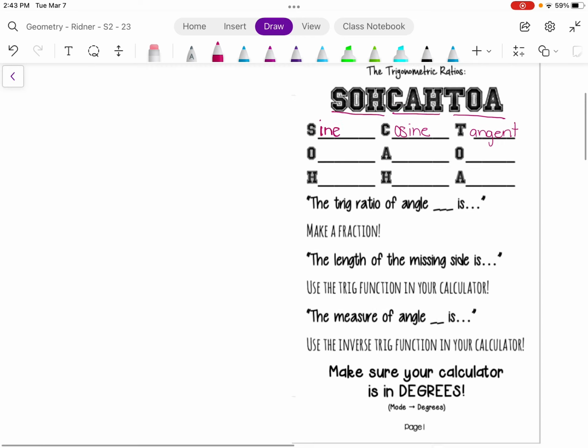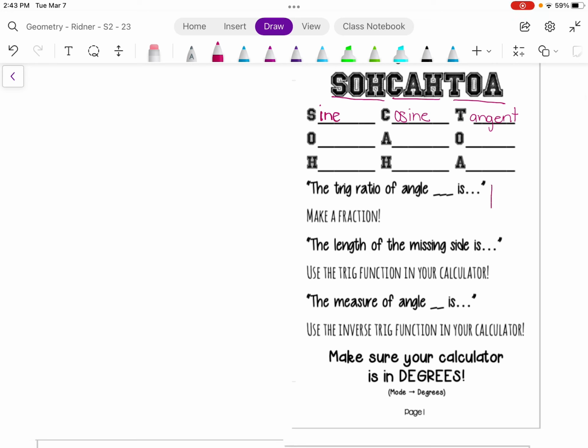Okay? So on a right triangle, if I'm talking about this angle right here, I might call it something called theta. It's just the x we use for angles. The opposite side is always opposite the angle.